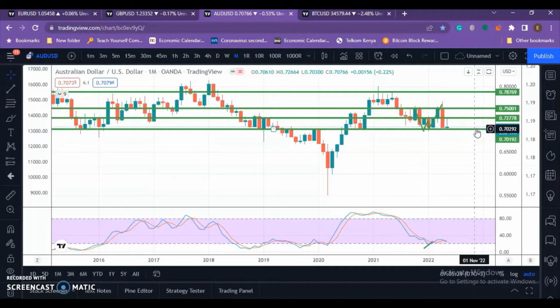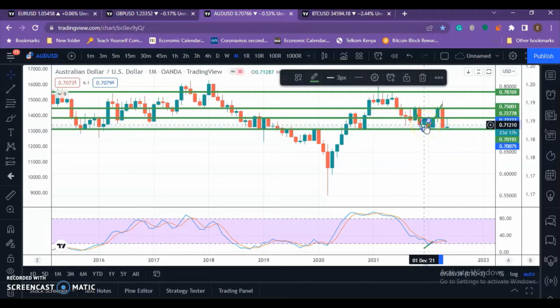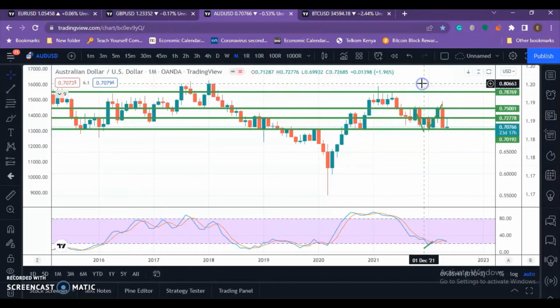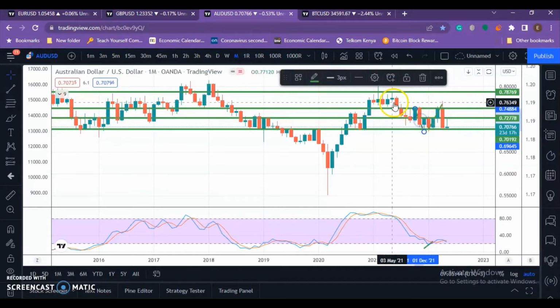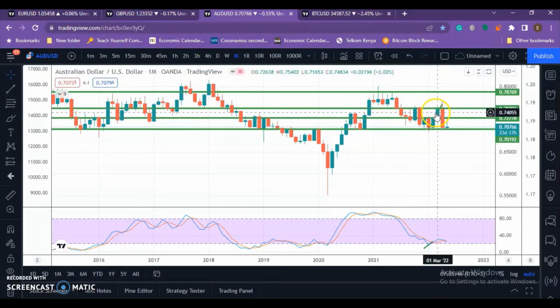So for the next coming few days, you're going to watch it and see if it breaks it or if it's going to go up and retest it. And also there is a pattern which is about to form, but let's see if it will continue forming.